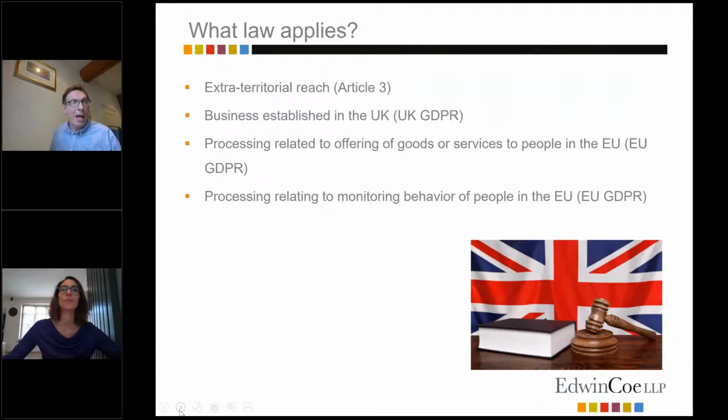So if you think about a UK business, as I've said, it will be subject to the UK GDPR. But I'm thinking about maybe an e-commerce business which has customers in the UK, but also has customers in the EU. So perhaps they've got a database which consists of both that UK data and that EU data.